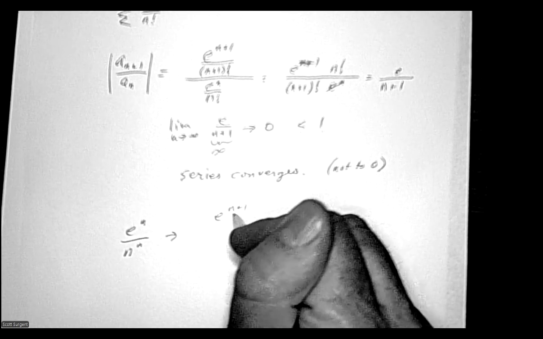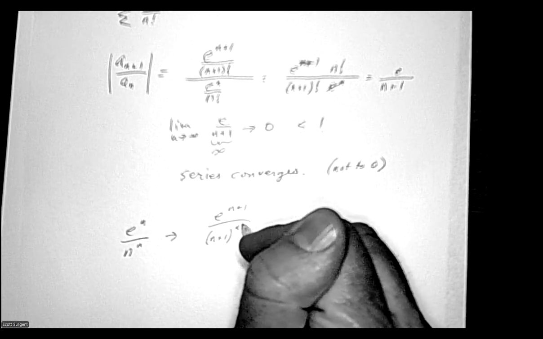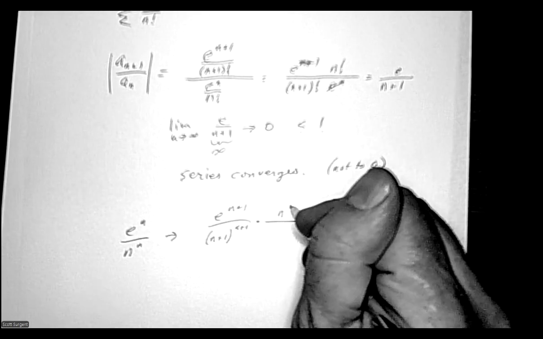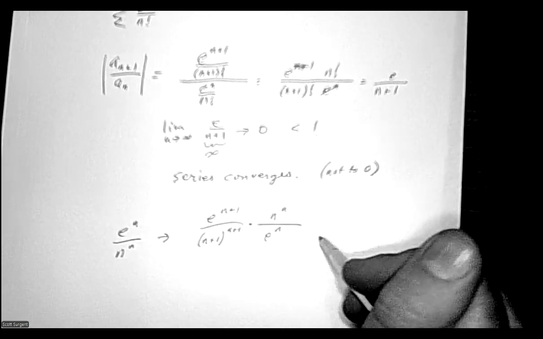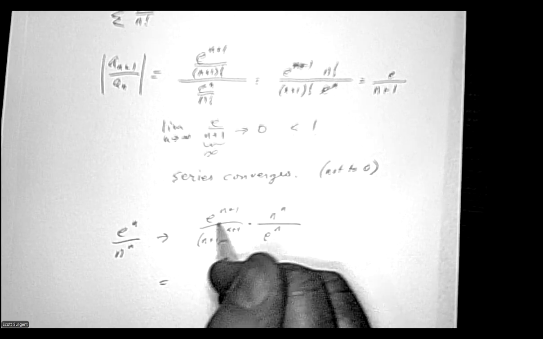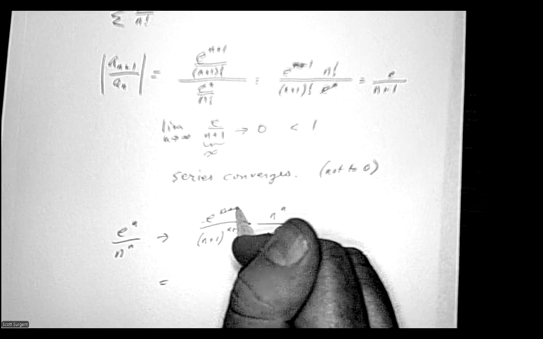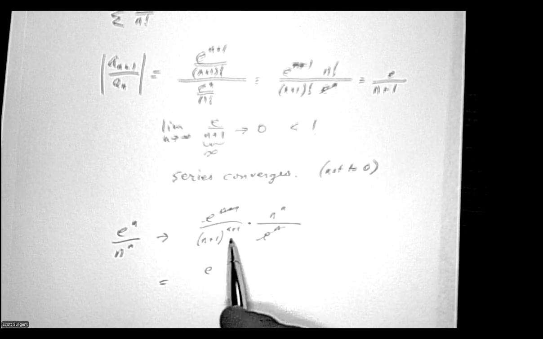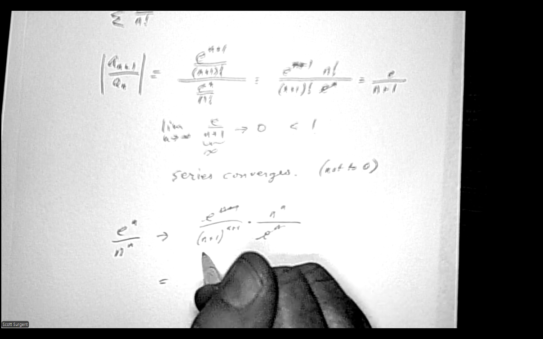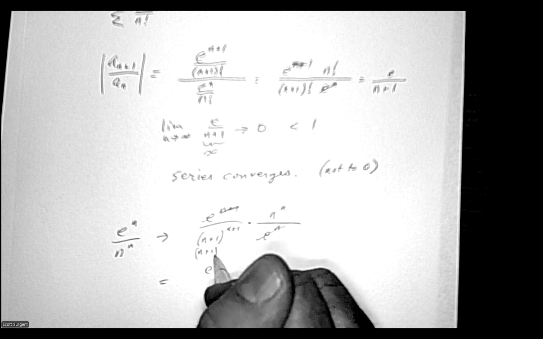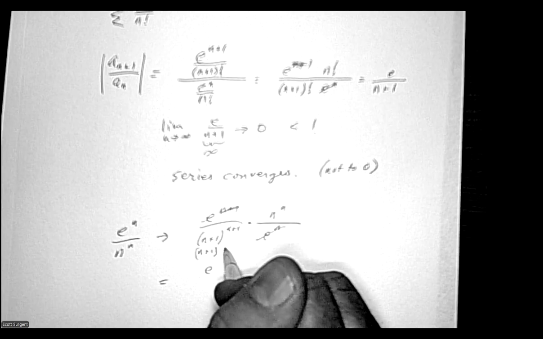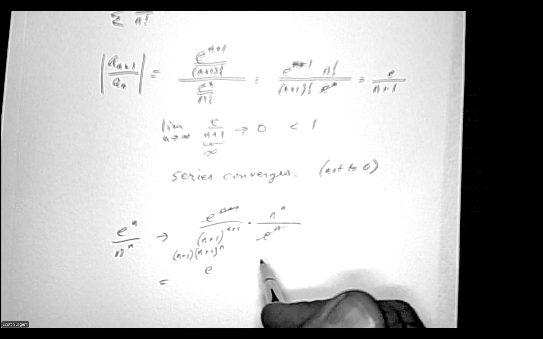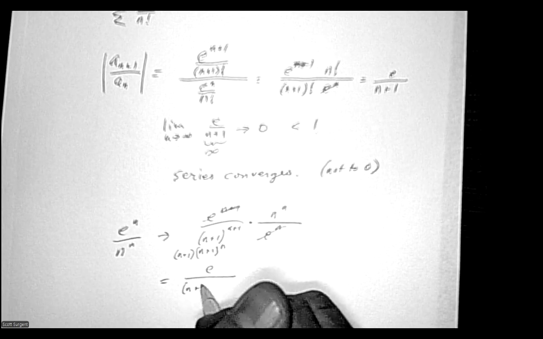So I'm going to do e to the n plus 1 over n plus 1 to the n plus 1, and I'm just going to skip a step, divided by this, which just flips to n to the n over e to the n. I'll just do some algebra. All of these e's take out all but one of these e's, so I have just an e. It gets a little weird here because I have n plus 1 to the n plus 1. If I write n plus 1 to the n plus 1 as n plus 1 to the n, and then I have an extra n plus 1, then I'm going to have an n plus 1.